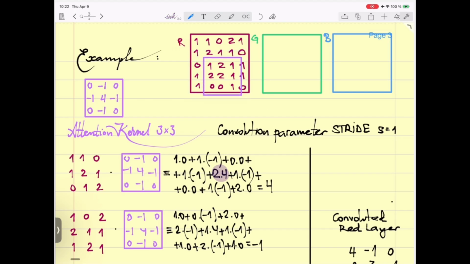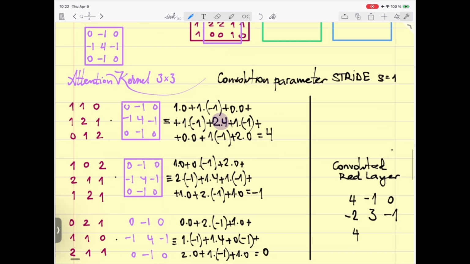Next is minus 2, minus 4, plus 8 is 4, minus 1 is then 3 again.